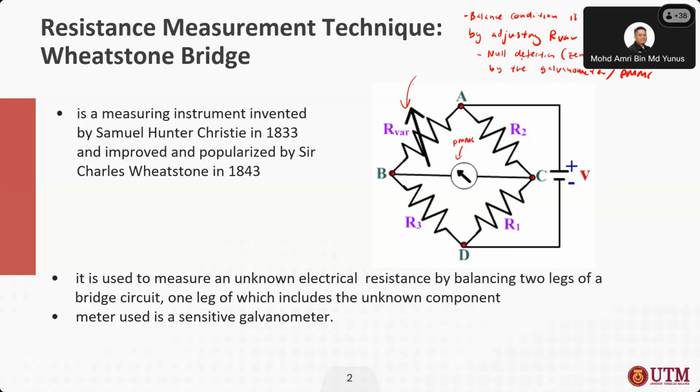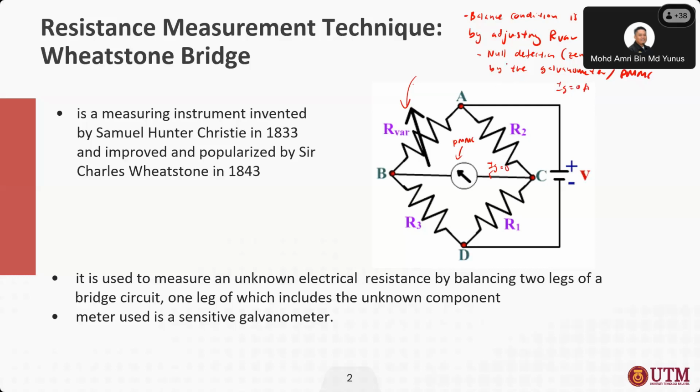So null detection is when there's zero deflection. We adjust this variable resistor between B and A until we get zero deflection, or zero detection, or 0 volt, or in other words, IG is equivalent to 0 ampere.